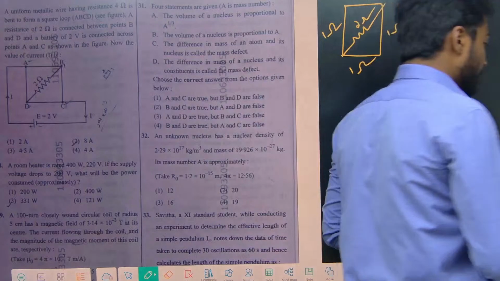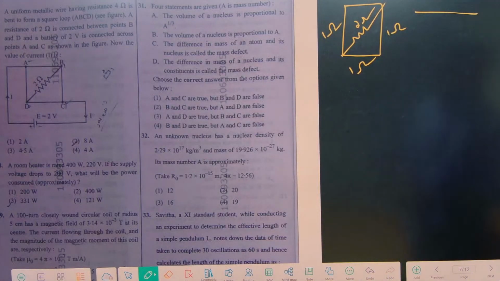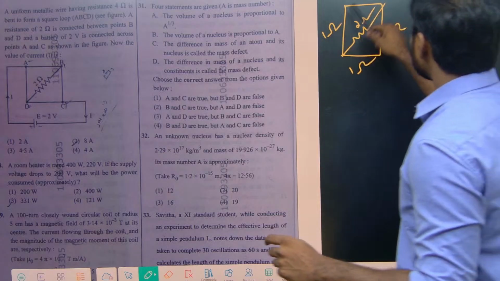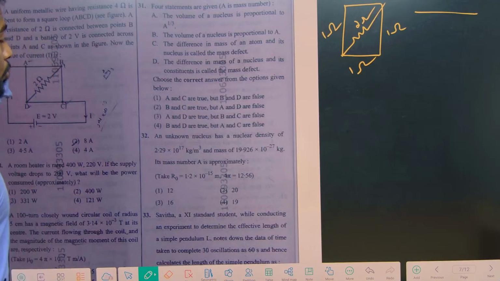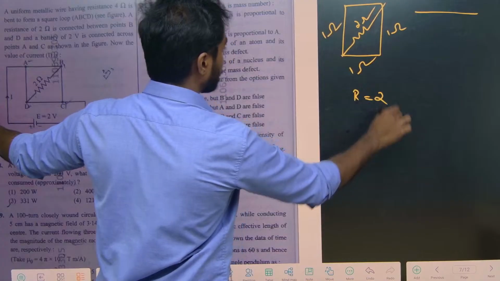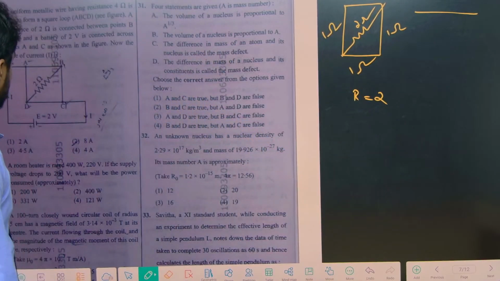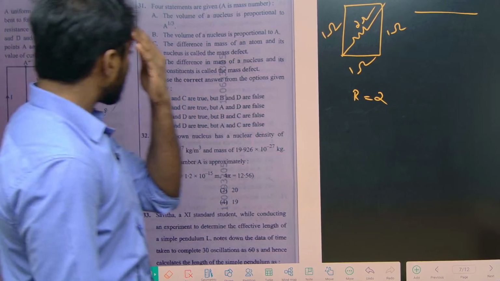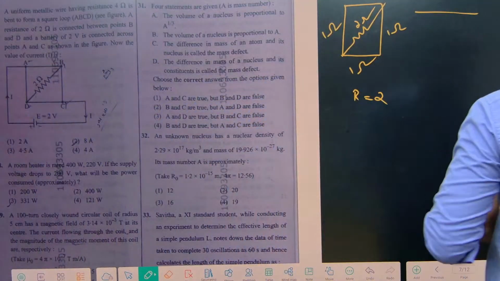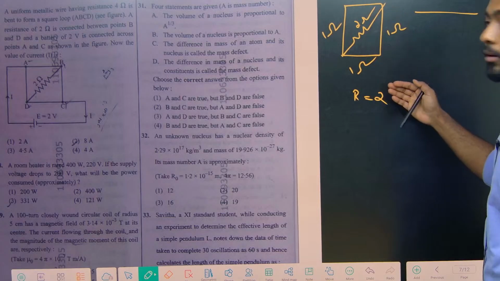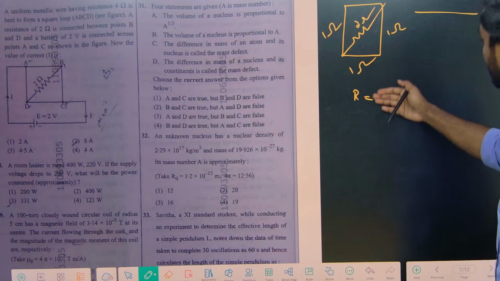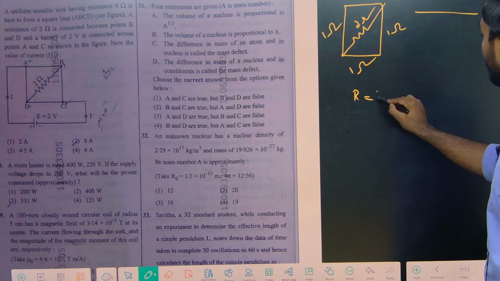Series 1 plus 1 is 2, again series 1 plus 1 is 2, and then in parallel 1 by 2 plus 1 by 2 is 2 by 2, which is 1 ohm.